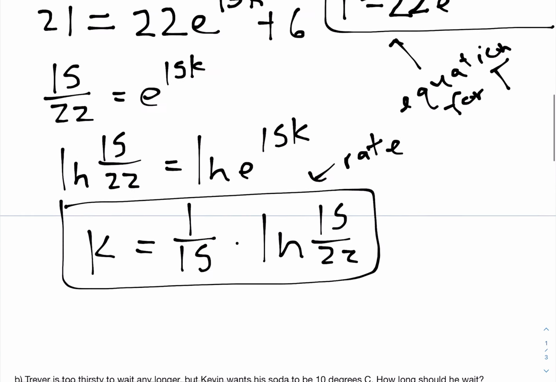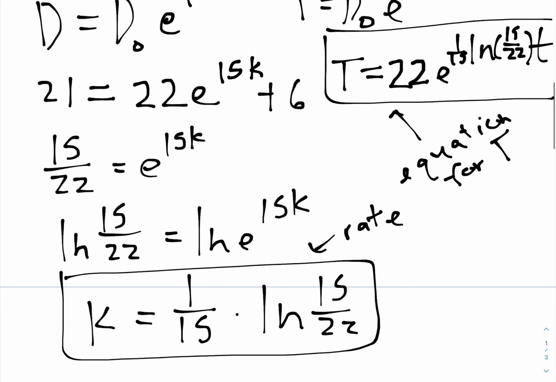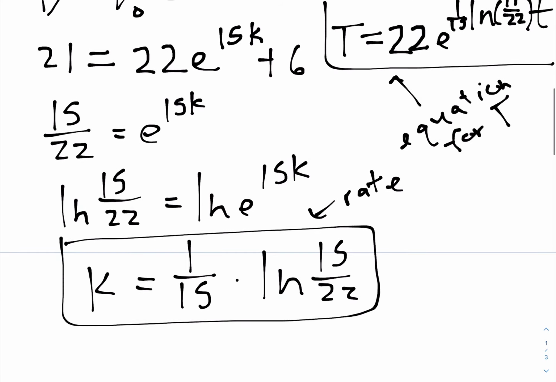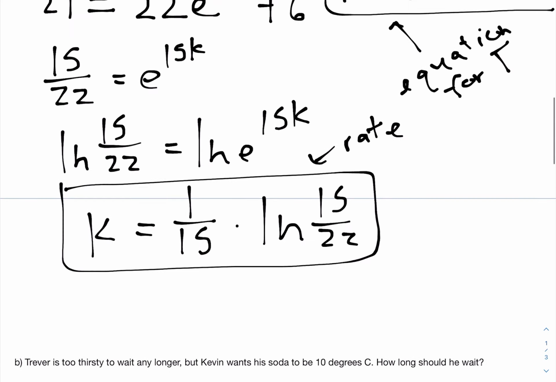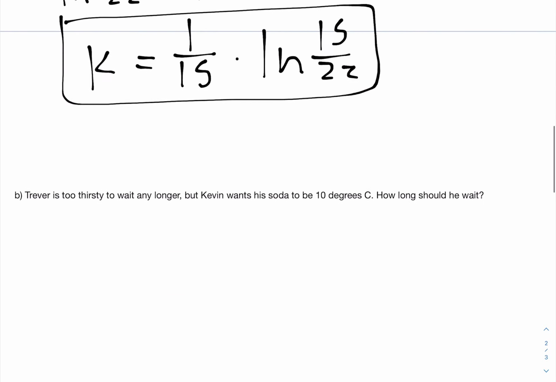So which equation between these two are we going to use? Are we going to use the rate equation or the equation for t? It's going to be the equation for t, because we're trying to figure out how long he has to wait. That's that lowercase t.